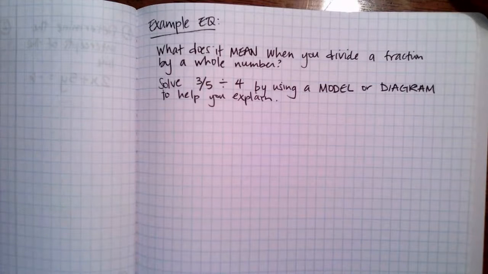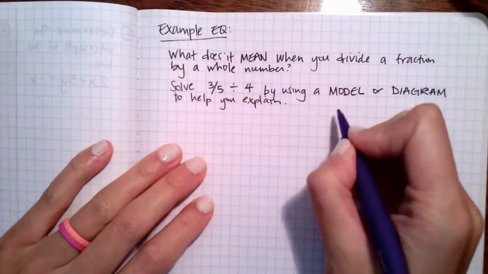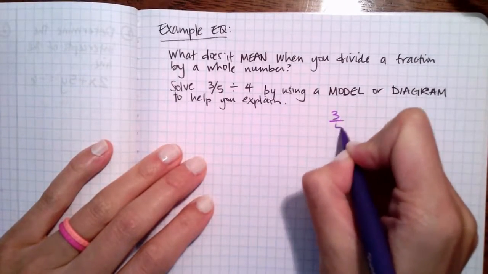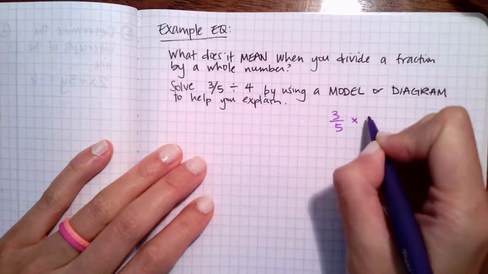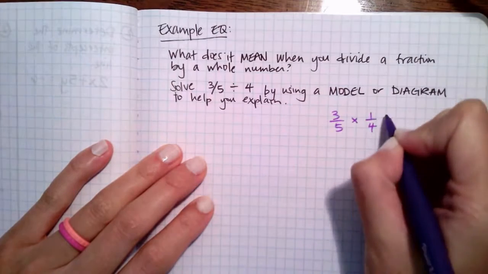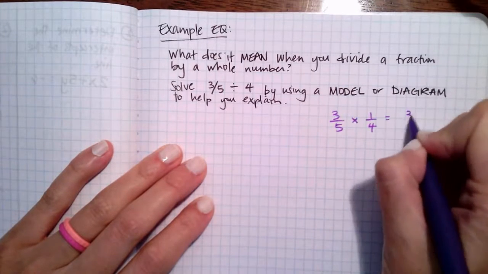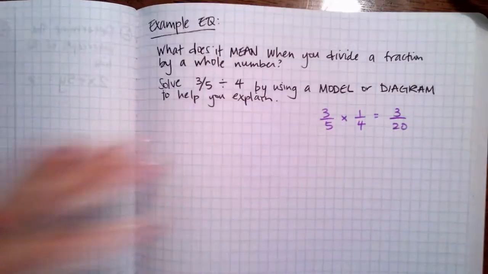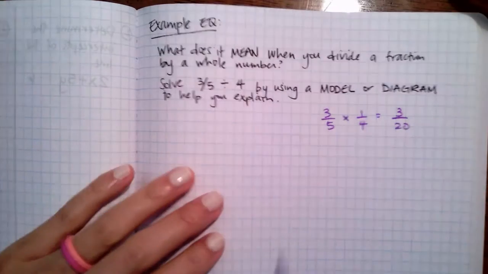So a lot of you at home said that to solve this, you take the first number and multiply by the reciprocal of the second number and multiply across, so you get 3/20 for this problem.